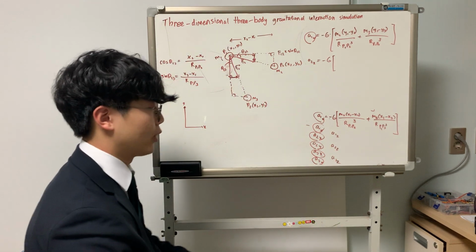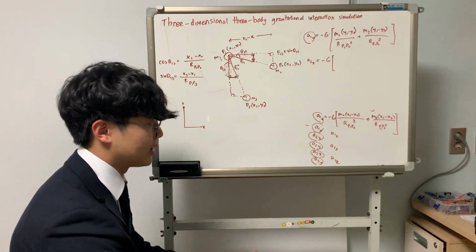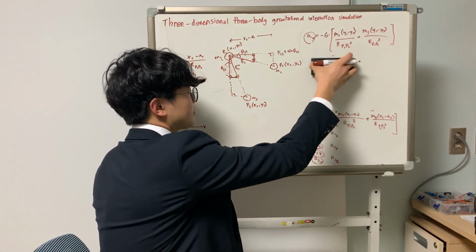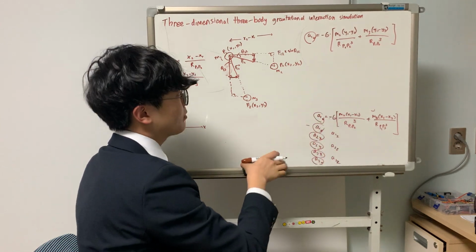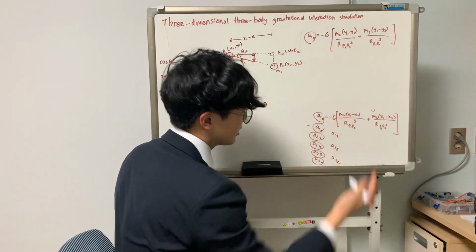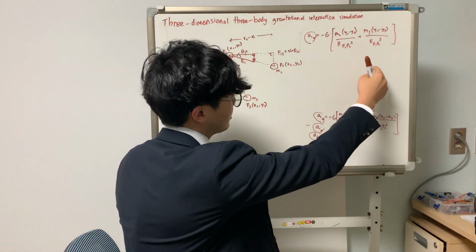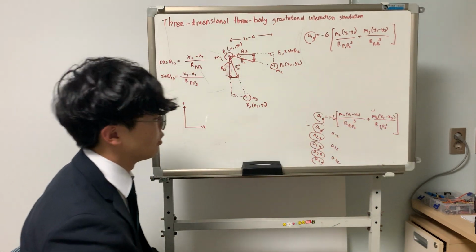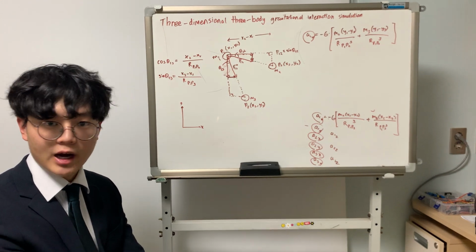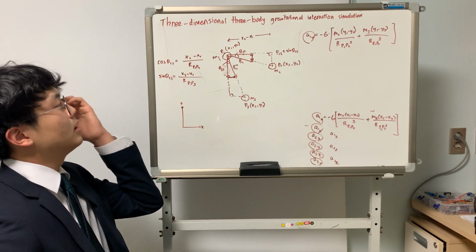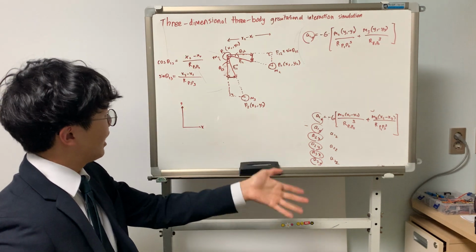Well, then what's the value for a1z, a2z, and a3z? Well, we know that it is also going to be in the same form, but just that it's going to be z1 minus z2, z1 minus z3, or z2 minus z1, z2 minus z3, and so on. And how do I know that?